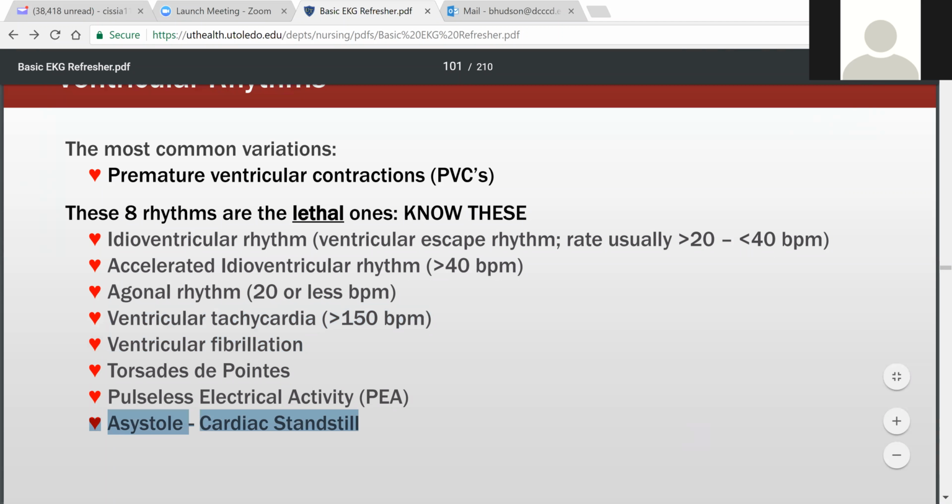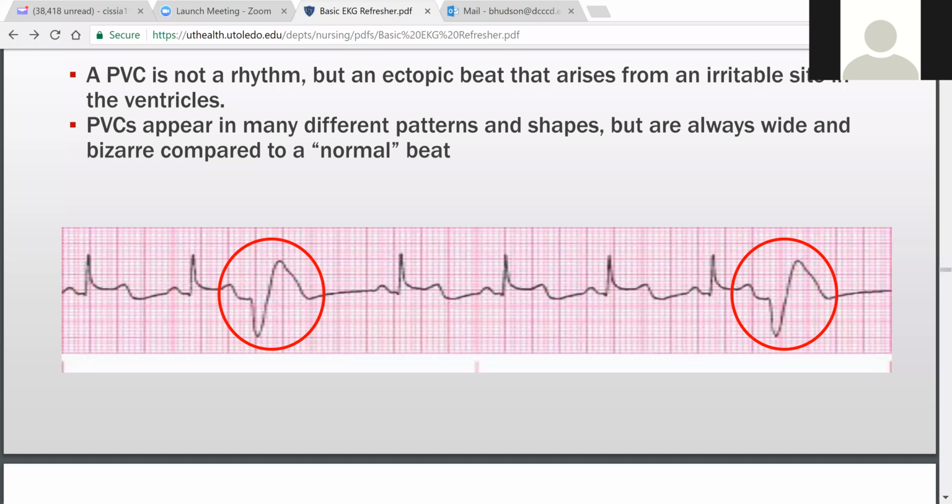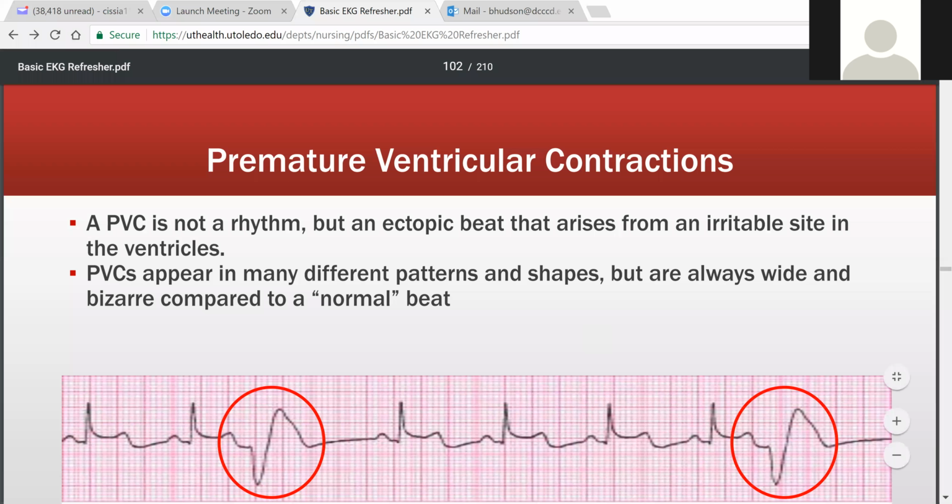So I'm going to skip through all the other business when we start talking about the stuff that we don't need to know. These are ectopic beats or premature beats. So would this be considered regular? No. Not regular. This is irregular, and what's making it irregular are these premature ventricular contractions.